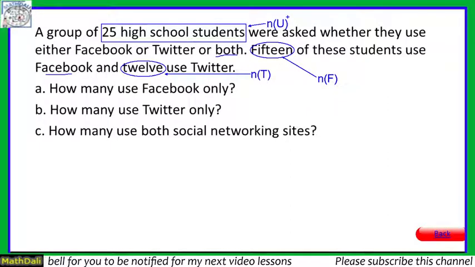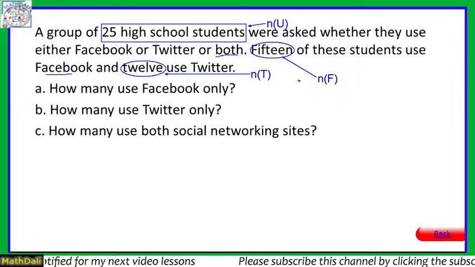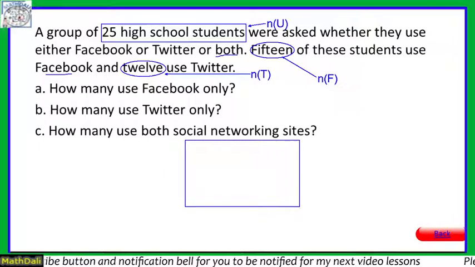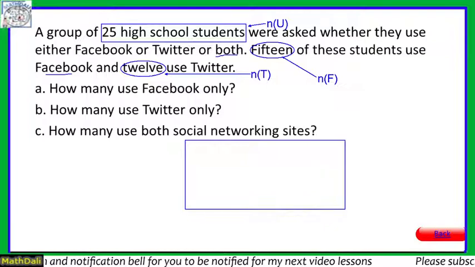So, meron na tayong cardinality ni universal set, cardinality ni set F for Facebook, cardinality ng ating set T, that is for Twitter, number of students who use Twitter. Okay, so I'm going to use a rectangle that will represent the Venn diagram. So, identify natin ito.